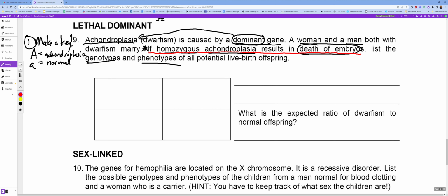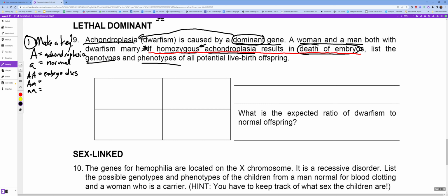Okay, so part of this key, I'm also going to put some genotypes here. Big A, big A; big A, little a; little a, little a. So, big A, it's dominant. Achondroplasia is dominant. However, big A, big A, if you're homozygous, that embryo dies.